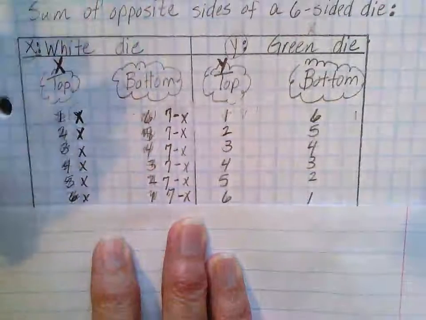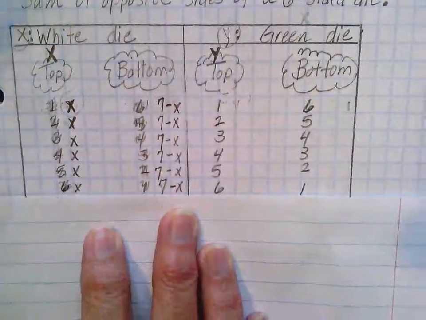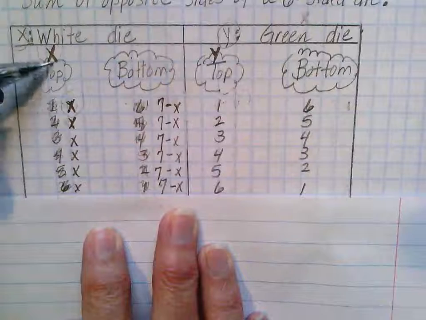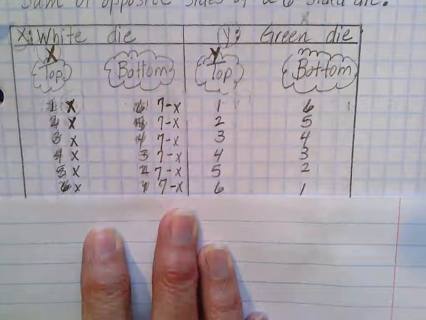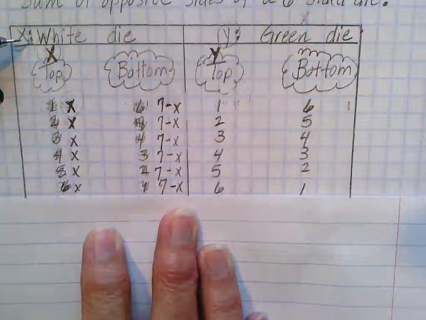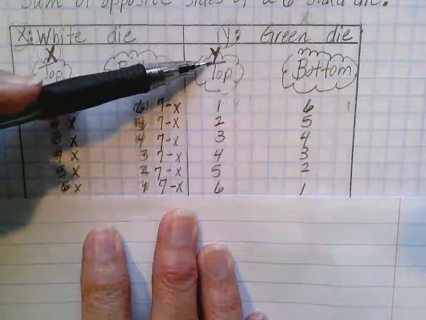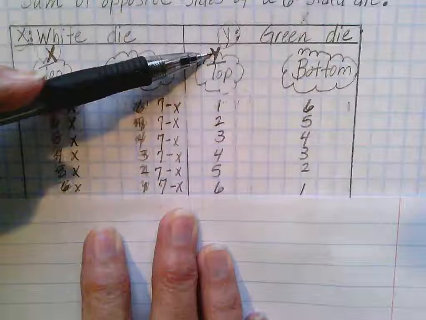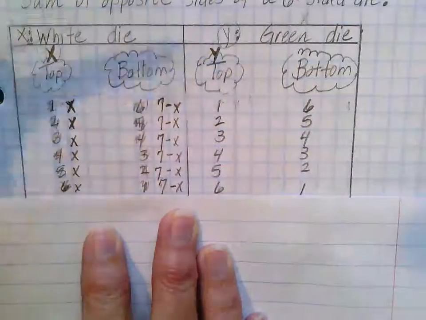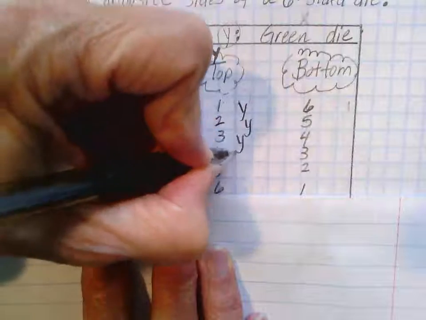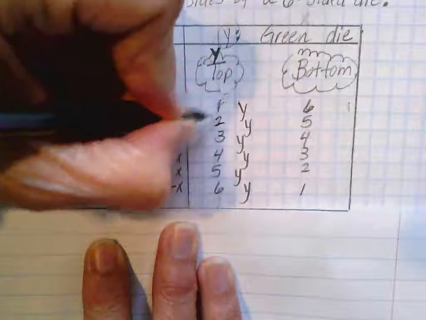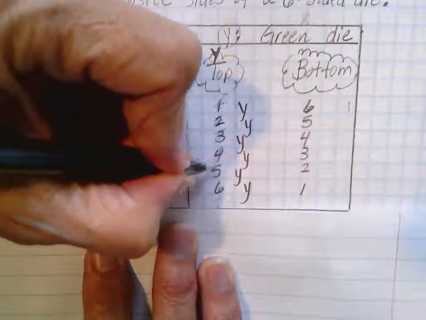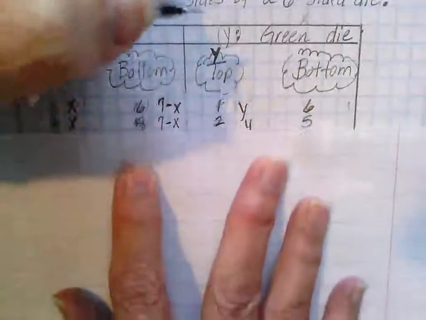Now, oftentimes I've mentioned that sticking with one variable is best in algebra, and it does make it easier. But today for this one, we're going to switch that up a little. And we're going to call the green die Y. And so over here, Y is going to be each of these values when I roll it.